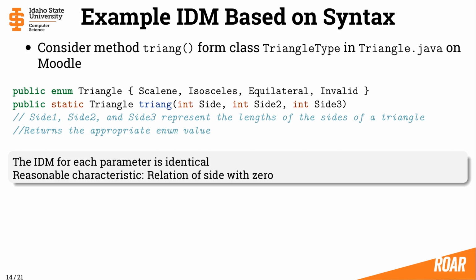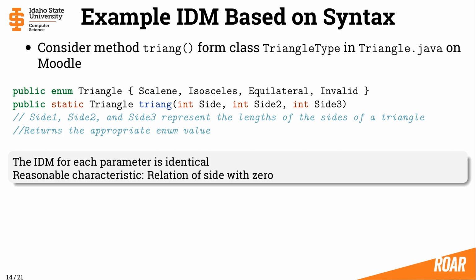Okay? So, for example, there is a Triangle.java on the book's webpage that you can use to think about this. There are 2 classes: TriangleType and Triangle. There's this trityp method, okay? You can also find this on Moodle. I will put the source code online. In essence, you have this enum TriangleType.